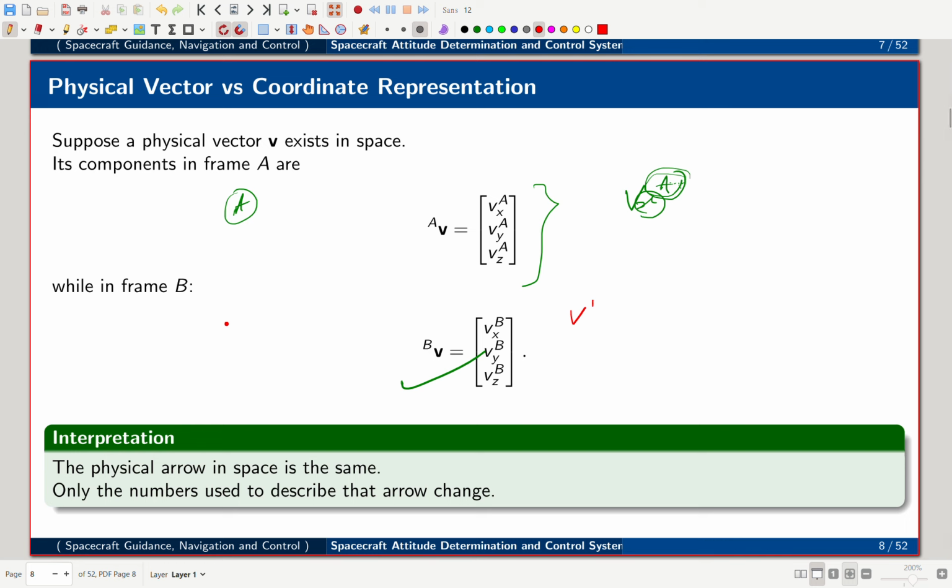So we also need to tell which frame the quantity is expressed in. Interpretation: the physical arrow in space is the same, and only the numbers used to describe that arrow change.